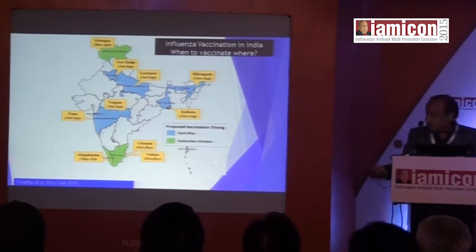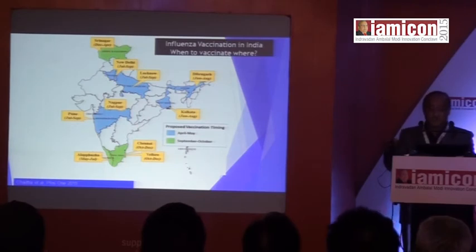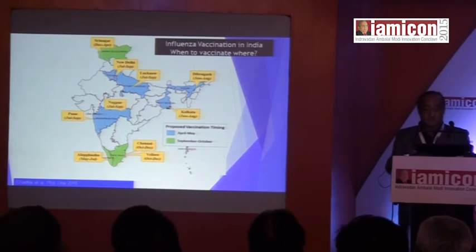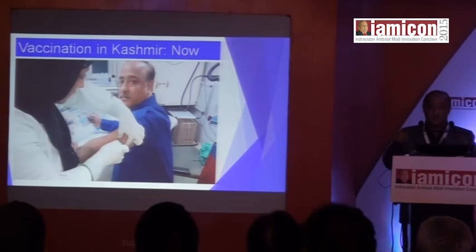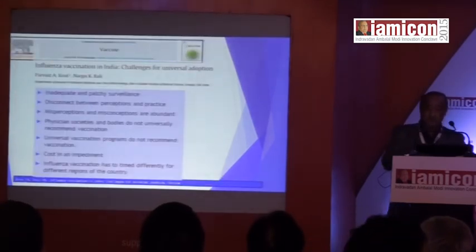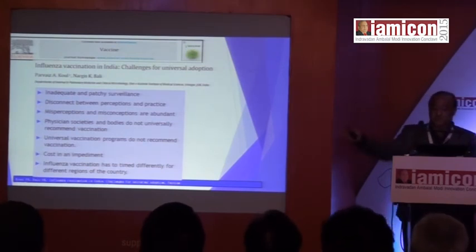It's except for Chennai and Vellore, where the rains are somewhere in October or December, and the peak of activity is at that particular time. So what is the vaccination timing for Kashmir? It's now.